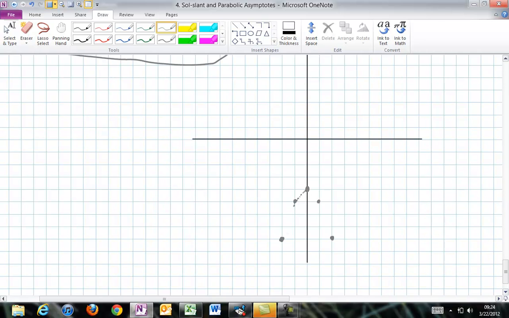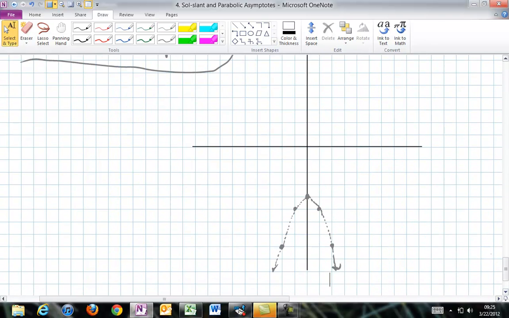And that I'm going to graph as a dotted line because that's actually an asymptote. It's not part of the graph. And then I might as well graph the other two asymptotes. We had vertical asymptotes at x equals 2 and x equals negative 2. So this is kind of the lattice work or the framework by which we're setting this graph up.